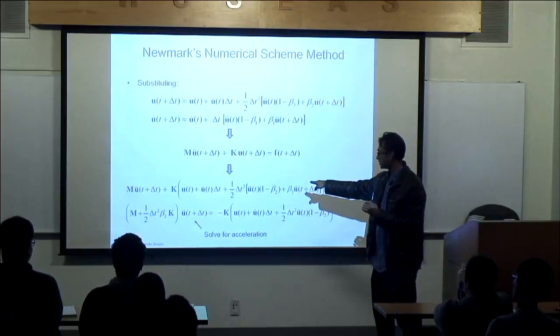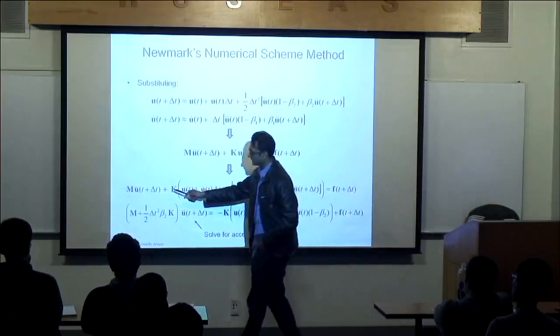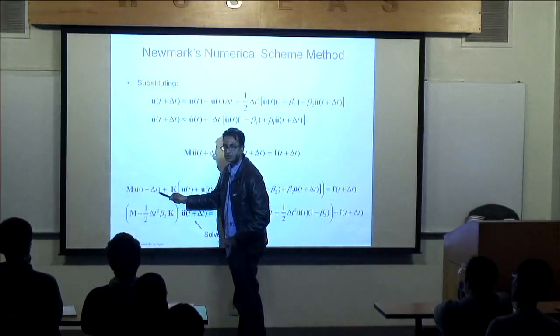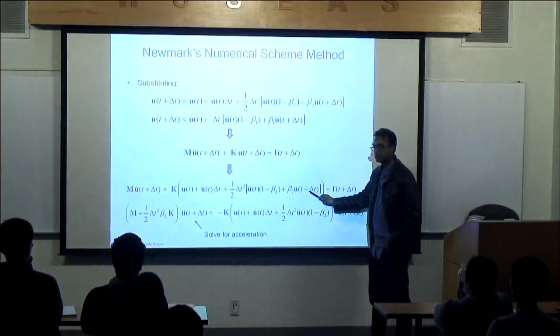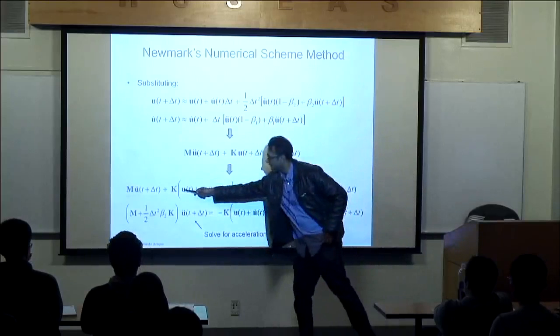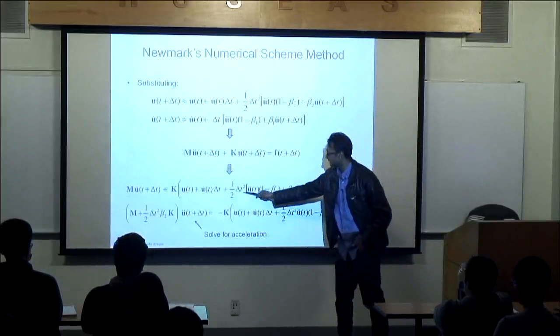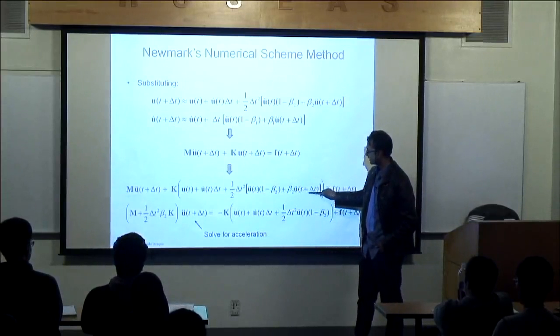That is the equation that's important now, because what I'm going to do is factor out, do you see a u double dot(t + Δt)? And you see a u double dot(t + Δt) here? I'm going to factor that out. And you can see that's bold K multiplied by Δt squared times (1/2 + β2) u double dot(t + Δt).